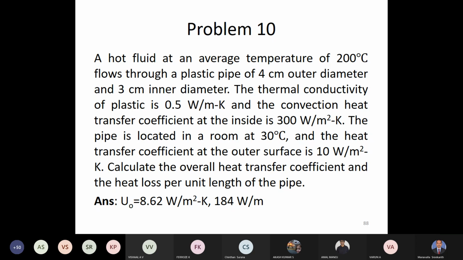A lot of data is given, so it's always convenient to present it using a pictorial diagram. So I'll draw a pipe. Some fluid is flowing through this pipe.